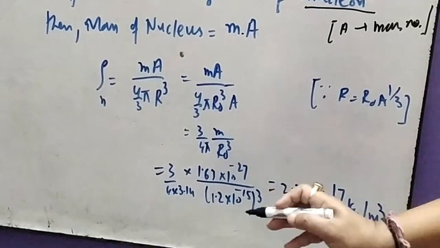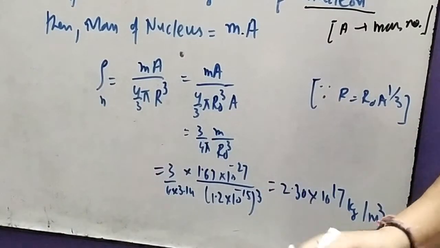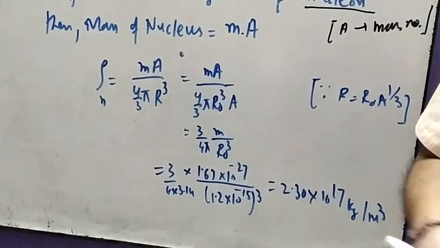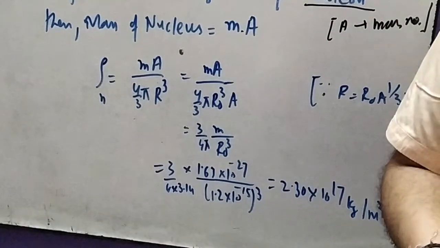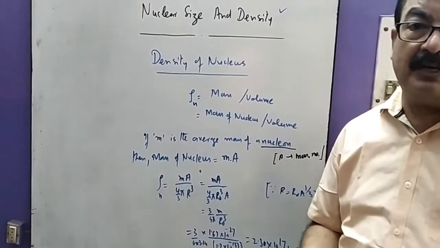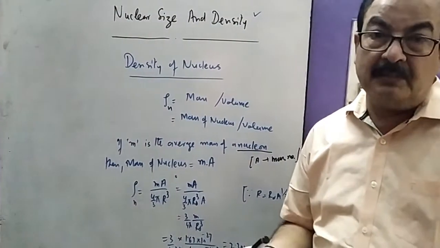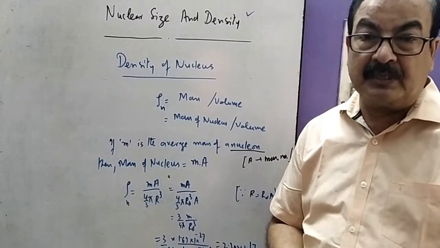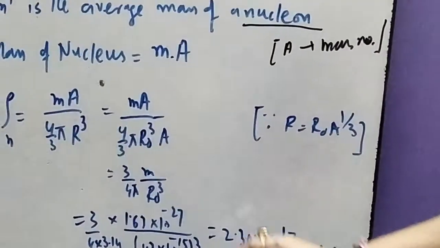The mass of a nucleon is considered to be slightly greater than that of one amu, which is 1.66 into 10 to the power minus 27. Here we consider it as 1.67 into 10 to the power minus 27 kg.